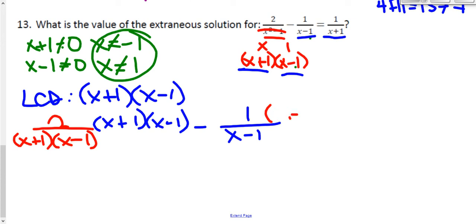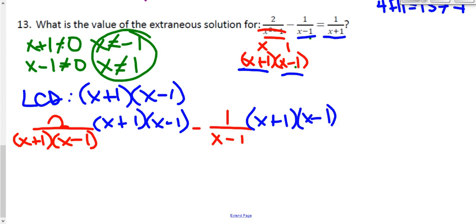Let me keep my colors straight, sorry. Minus 1 over x minus 1. I have to multiply that by my lowest common denominator, x plus 1 times x minus 1. And last up equals 1 over x plus 1. I have to multiply this also by x plus 1 times x minus 1.